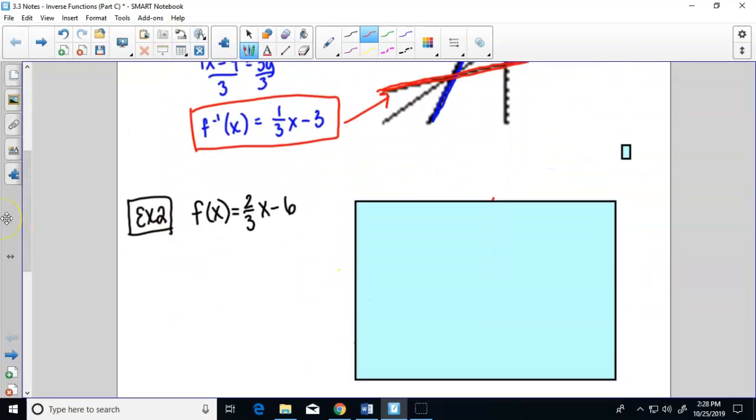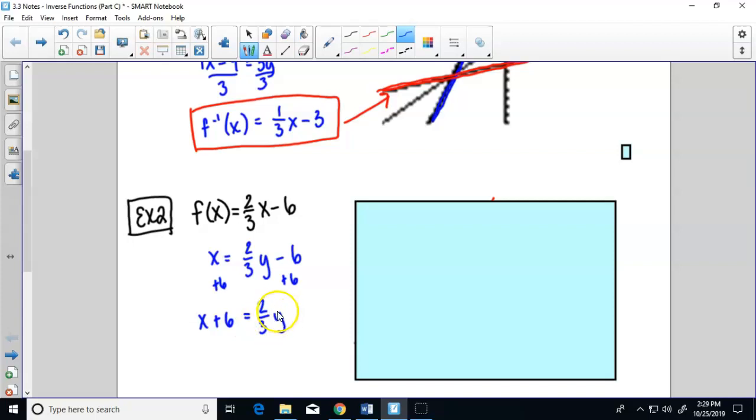If we do f of x equals 2/3 x minus 6, to find our inverse here, we'd have x equals 2/3 y minus 6. We'll add 6 to both sides, so we get x plus 6 equals 2/3 y.